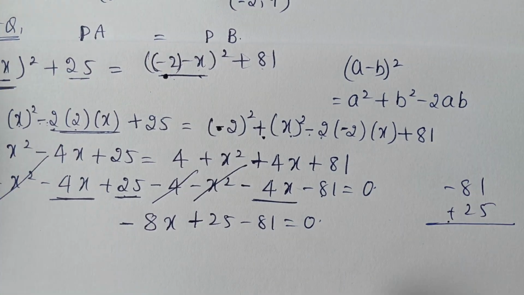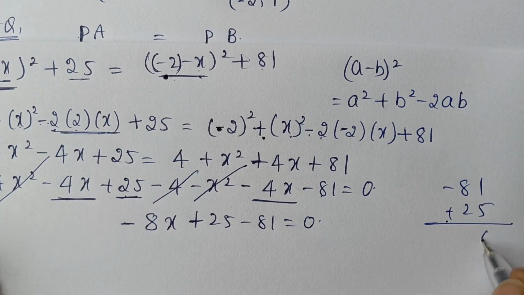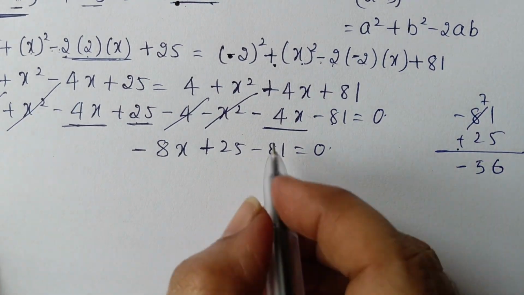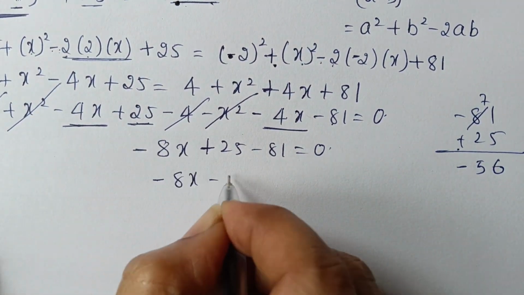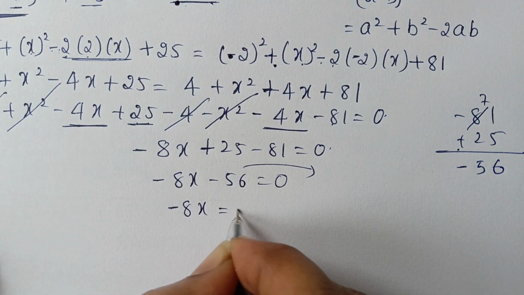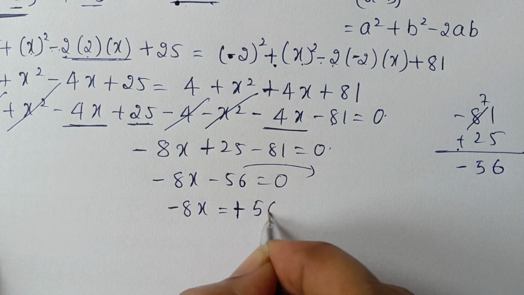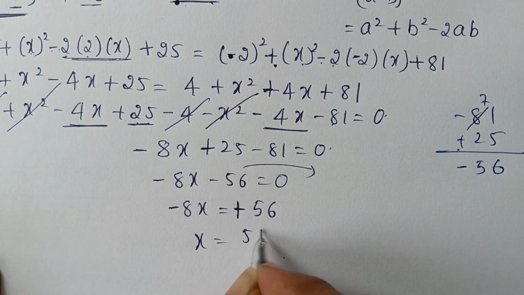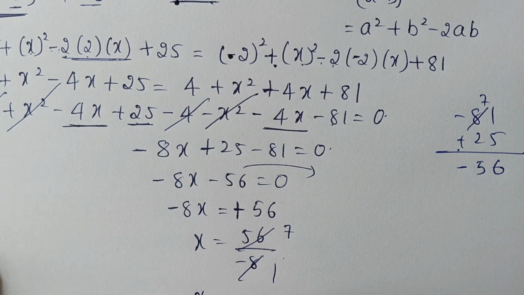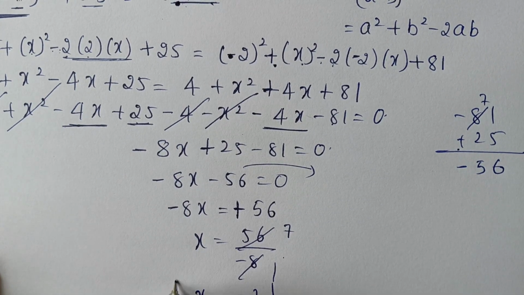So 56 minus 56, we get minus 8x minus 56 is equal to 0. Transpose, minus 8x is equal to plus 56, then x is equal to 56 by minus 8. 8 1s are 8, 8 7s are 56, we get x is equal to minus 7.